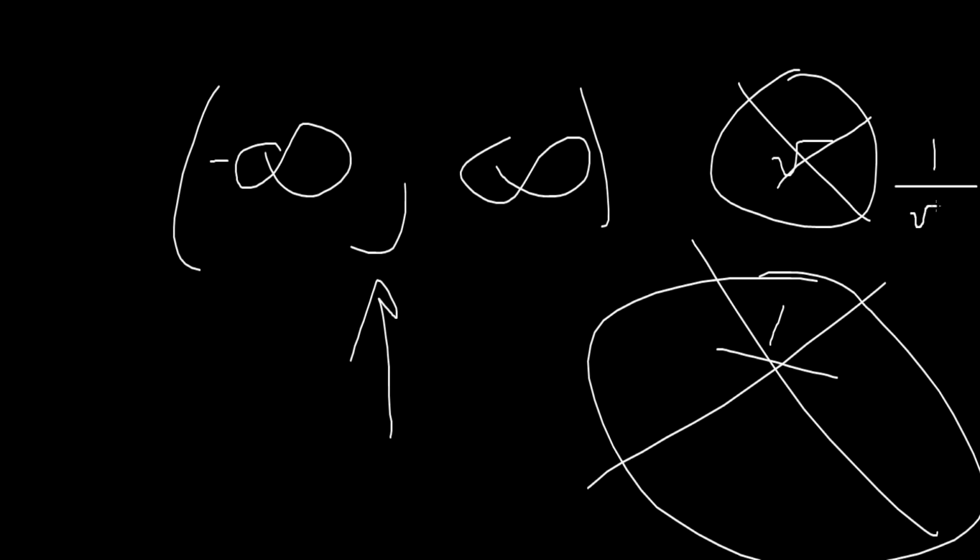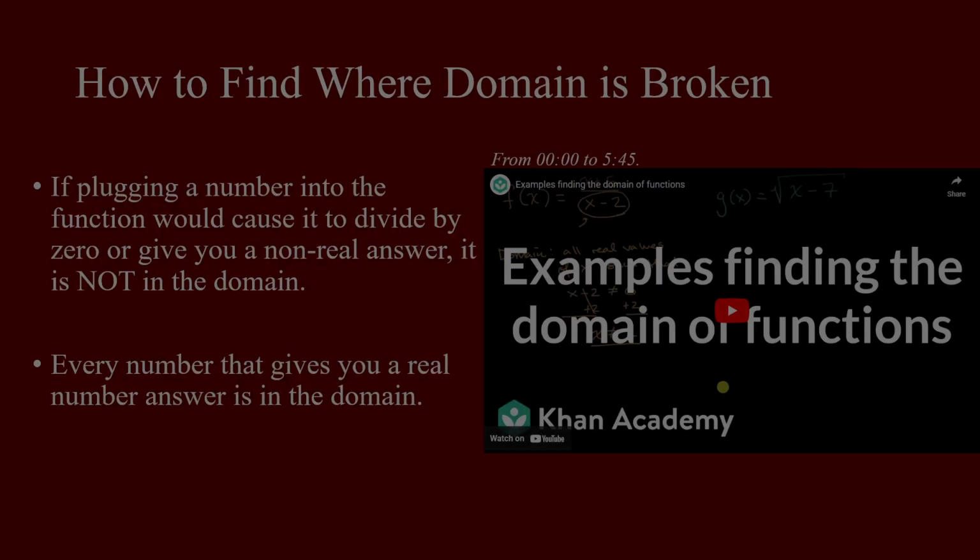And of course, 1 over the square root of something can also mess it up, but that's just the last 2 combined. So if you don't see any square roots, you don't see 1 over, guess what? Negative infinity, positive infinity, all the way. You just take that straight to the bank. You don't got to worry about it. So with that in mind, let's go back to the lesson.